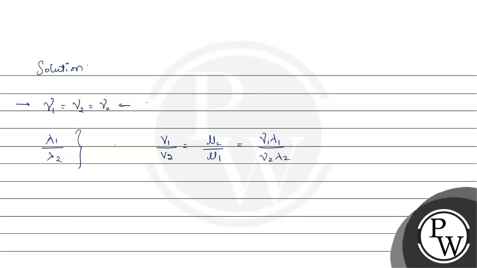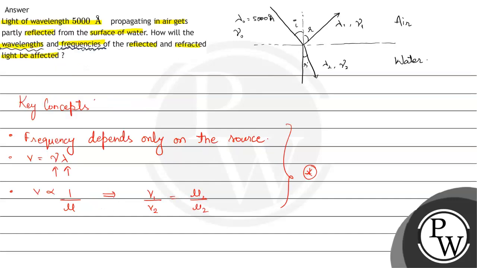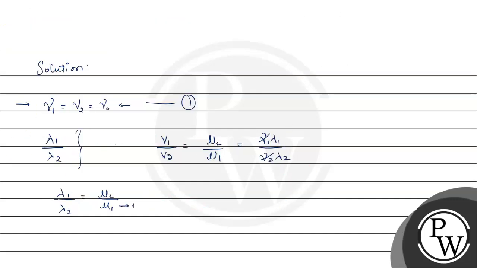From the first equation, we know that mu 1 is equal to mu 2, hence mu 1 and mu 2 cancel each other out. From here we can say that lambda 1 upon lambda 2 will be equal to n2 upon n1. And we know that for air n1 is equal to 1 and n2 is equal to 1.33. So from here lambda 1 comes out to be equal to 1.33 times lambda 2.